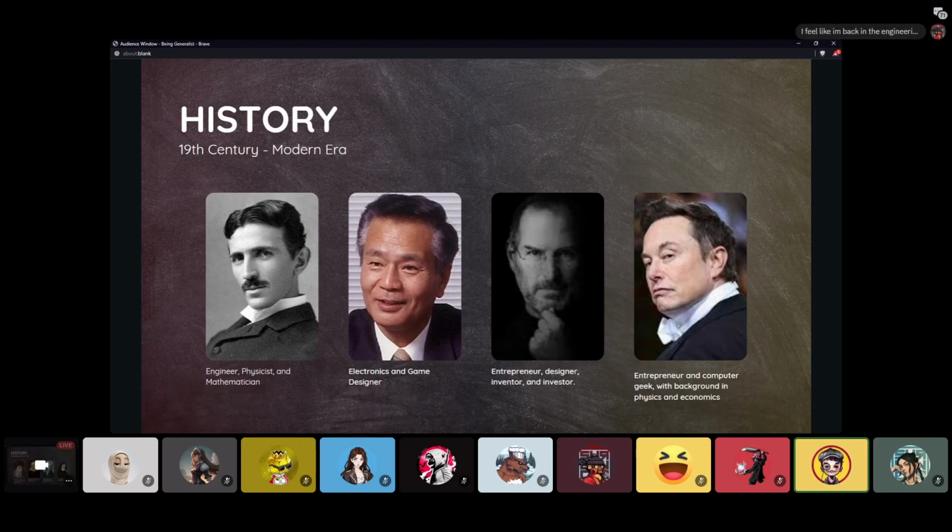He is Nikola Tesla. The second one, I don't know if you're playing games, but he integrated existing, old technologies into a new device or new tech. He is famous for the Game Boy. I don't know if you know this Japanese guy, but he created the Game Boy. He is Gunpei Yokoi.